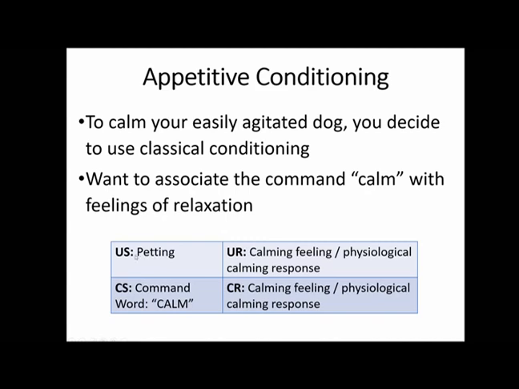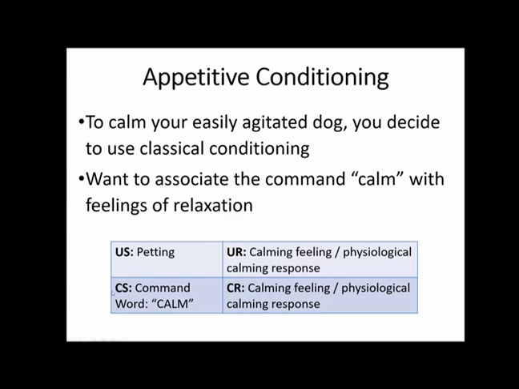And so we can set this up where our unconditioned stimulus, the thing that the dog is going to respond to naturally, is petting them. So when you pet your dog, they're normally going to find it relaxing and calming. It'll make them happy. So our unconditioned response is that feeling of calm or that calming response. So that's what we're starting with.